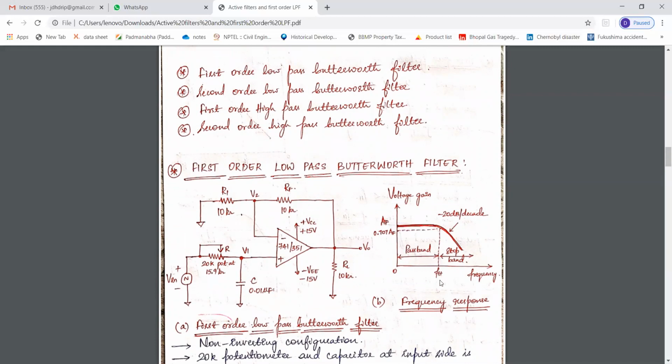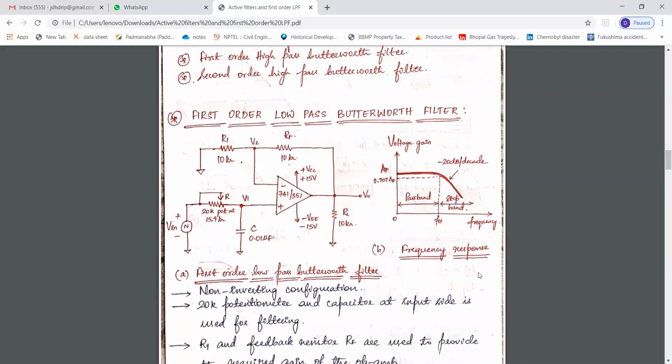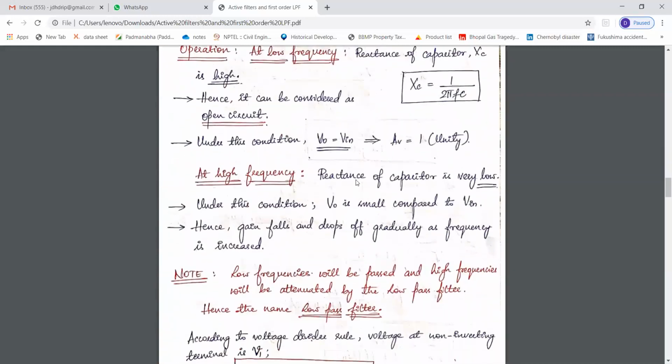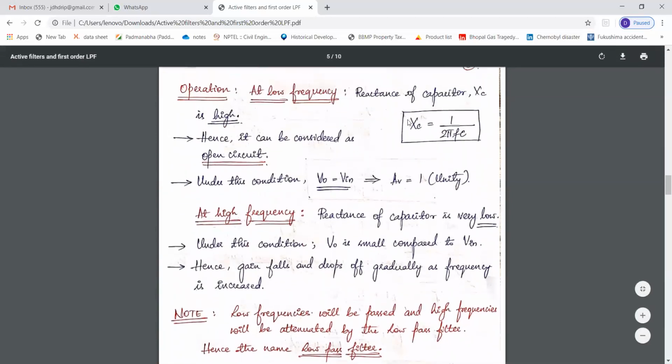Now beyond this FH, meaning the higher cutoff frequency, we refer to these as higher frequencies. So what will happen at high frequencies? The reactance of the capacitor XC is equal to 1 by 2 pi FC, isn't it? If this F is very high, the reactance is very low.